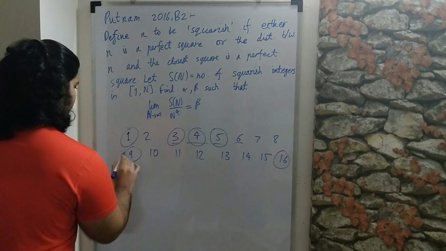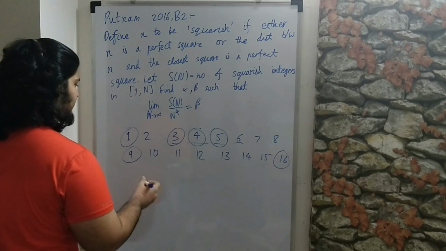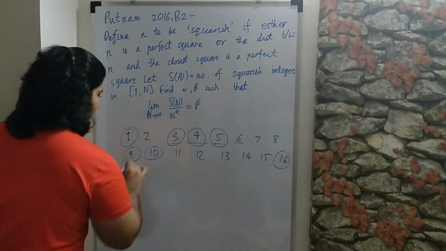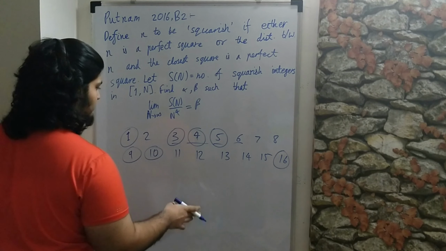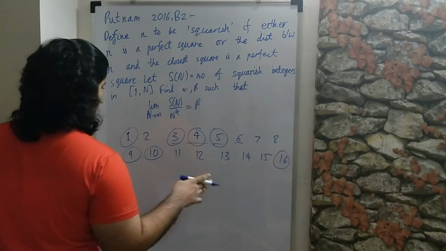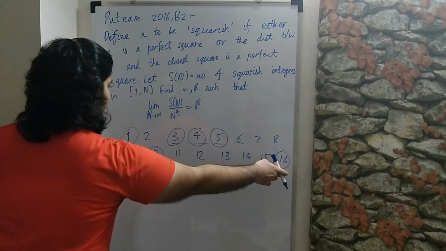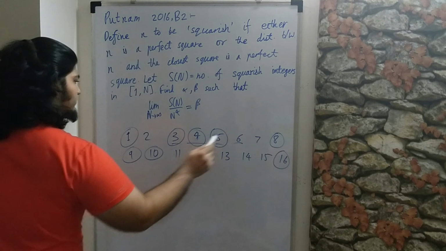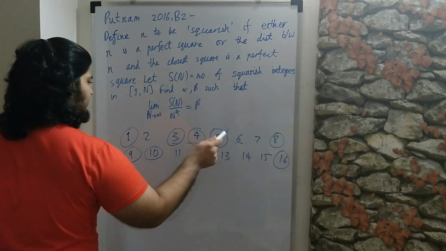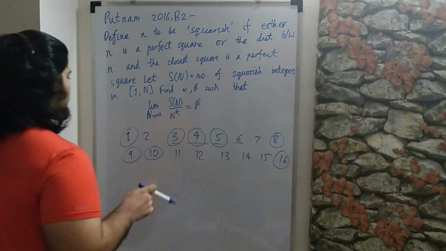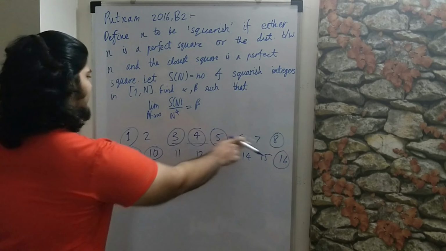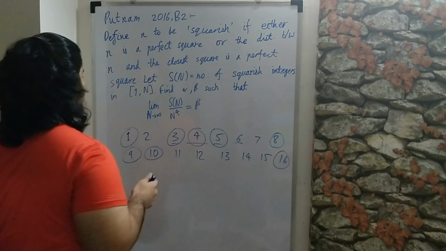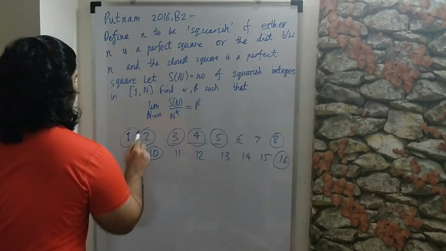Similarly, if we go to 9, let's ask 9 how many squarish integers it has. It has 10, 11 is not a squarish integer, 12 is not a squarish integer, and 13 is closest to 16. It's not counted with 9. 8 is a squarish integer, but 7 is not a squarish integer, and 6 is linked to 4. So that's why we have 3 squarish integers linked to 9. And similarly, we have 2 squarish integers linked to 1.